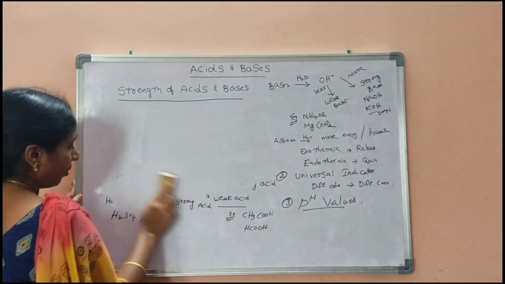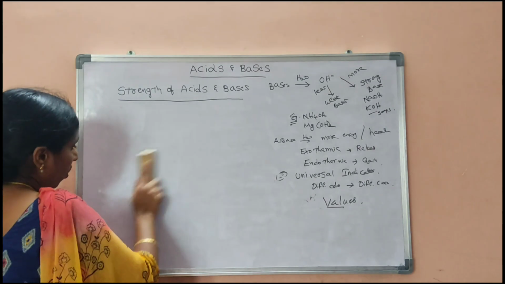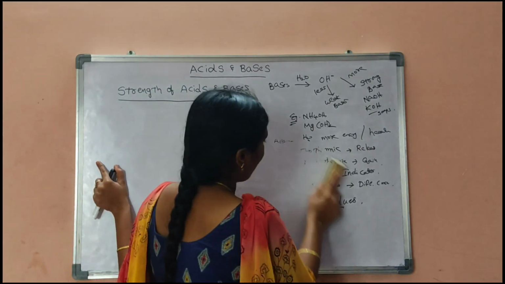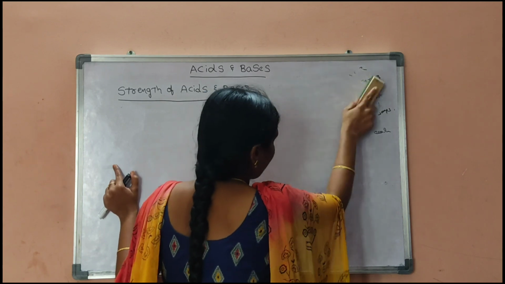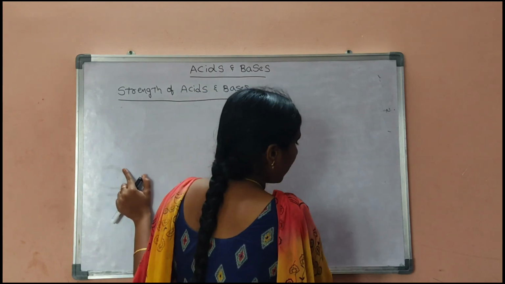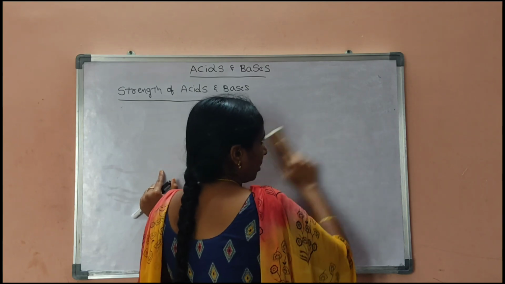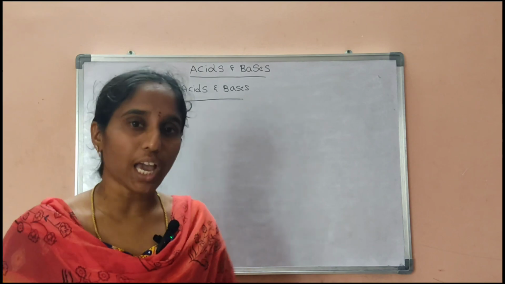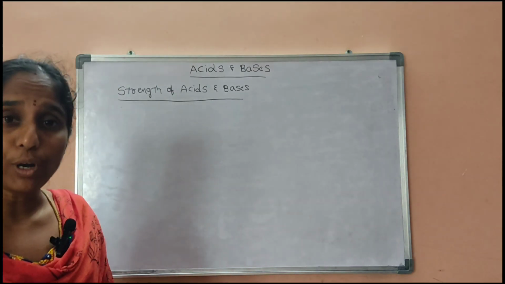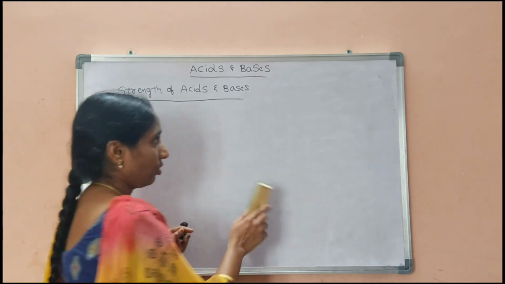Which ion is formed? Hydronium ion. Bases react with water. Which ion is formed? Hydroxide ion. Best example of weak acid is acetic acid. Best example of weak base is ammonium hydroxide. Okay?